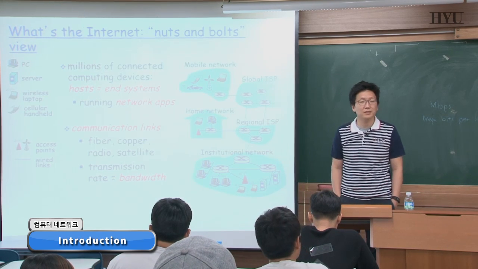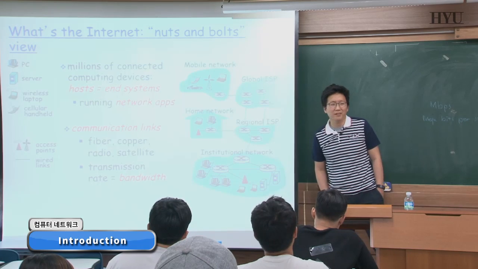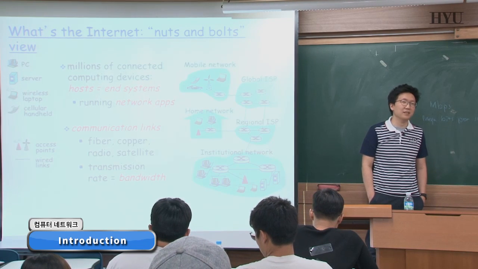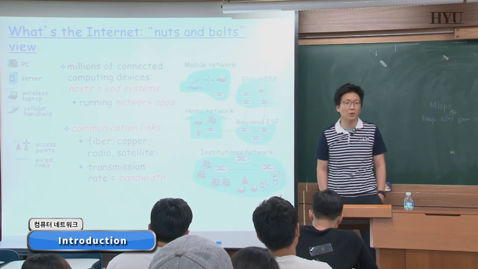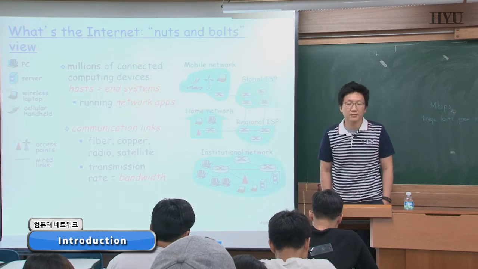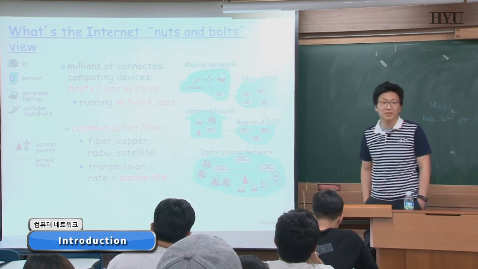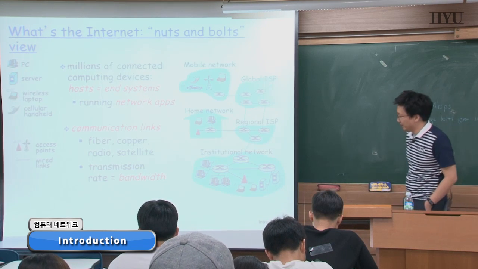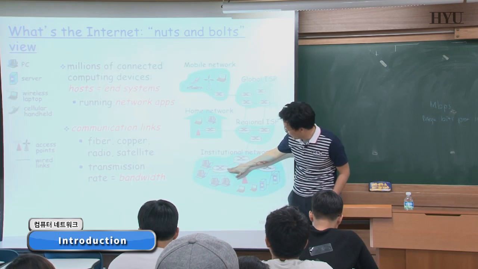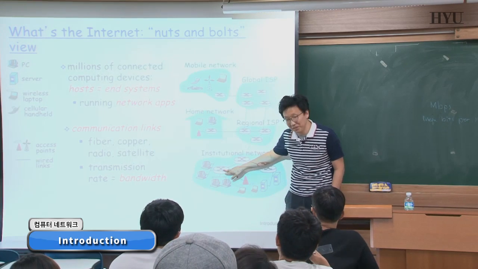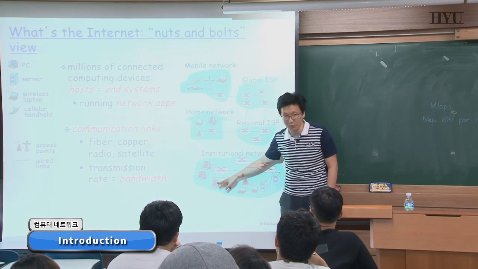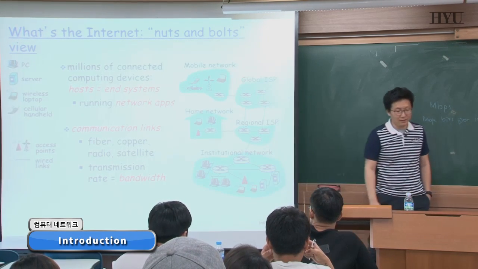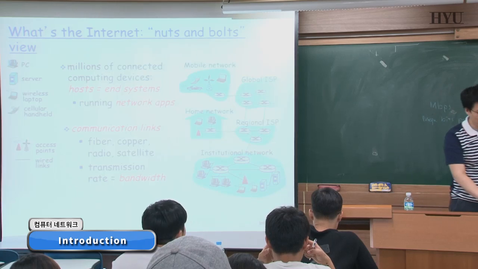NTT, which is a Japanese one, is probably 10 times larger than local ISPs here in terms of revenues and so on. So this is us. And somewhere, probably this is the IT.BT building that we're in, this is your laptop. This goes in and out. That's a rough view of the situation.